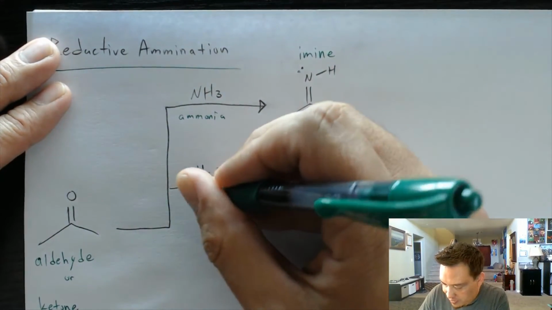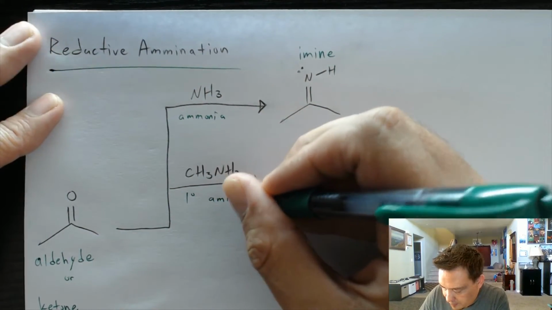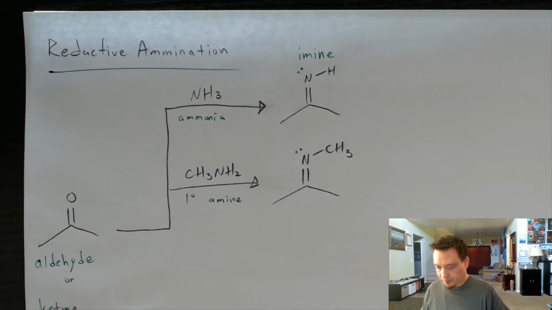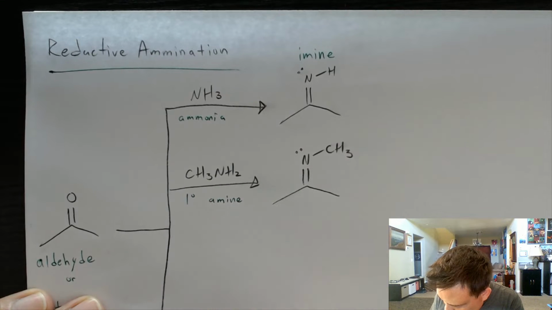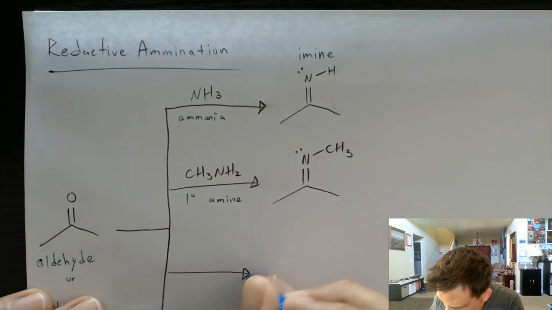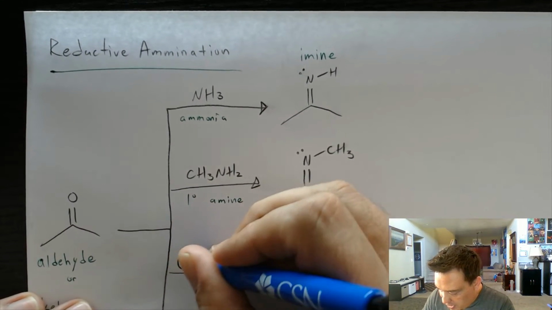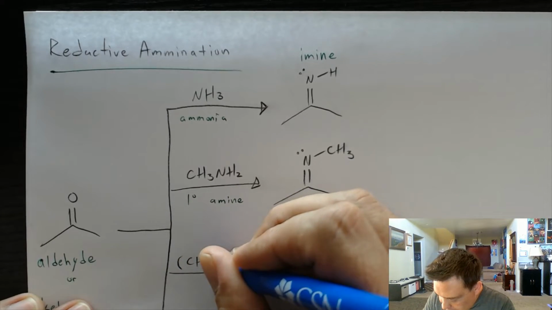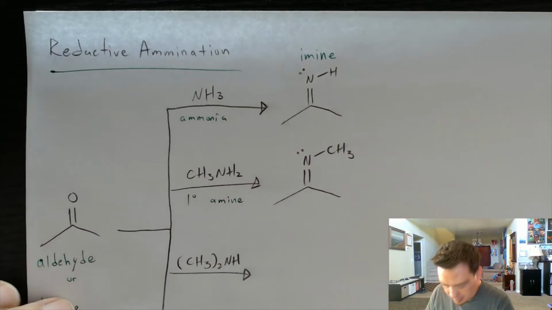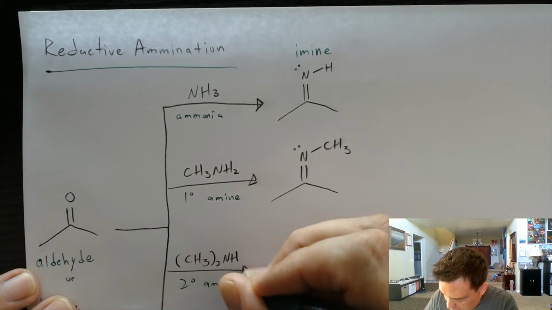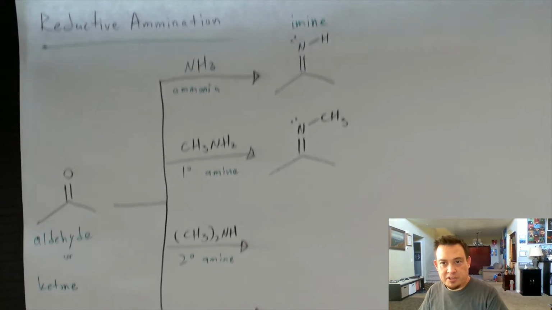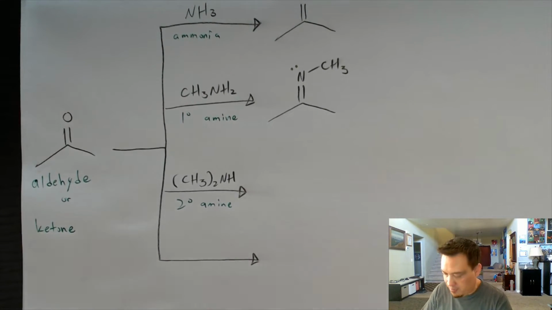The second one we're using a primary amine, like that. The next one here, I'm going to use a secondary amine. And then the last one I'm going to do is a tertiary amine.